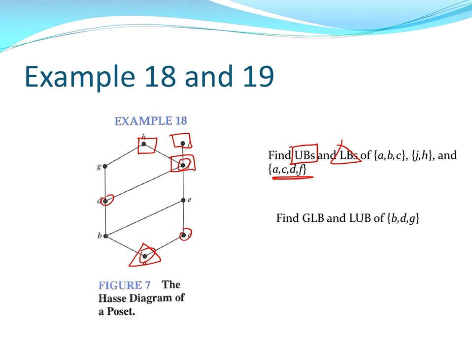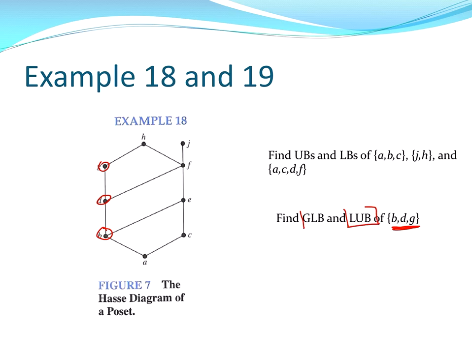Okay, and now let's look at the example for greatest lower bound and least upper bound. Here we're looking at the set B, D, and G. I'm going to find the least upper bound. What are the upper bounds for this set? Well, H is an upper bound, and G is also an upper bound.